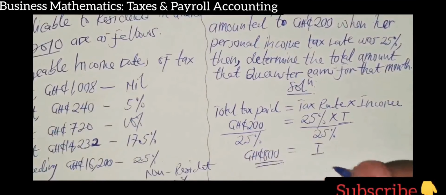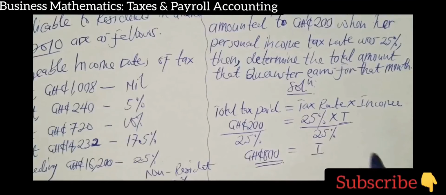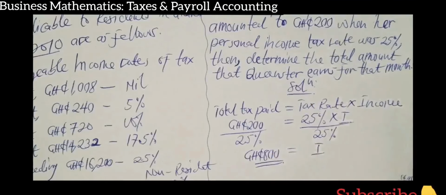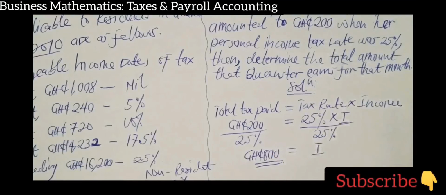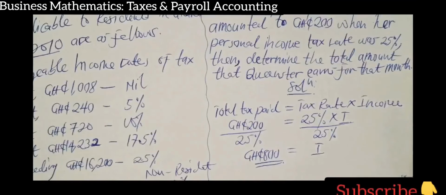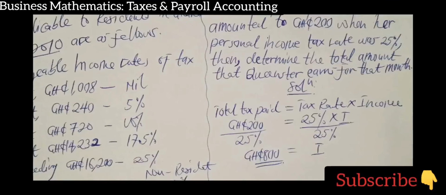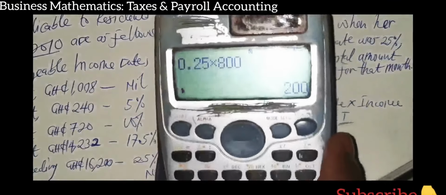So meaning that this was her original income that she earns for that month, for which she pays 200 Ghana cedis as income tax. If you want to check, just apply 25% on the 800, you're going to get 200. Bam, that's what I'm saying.